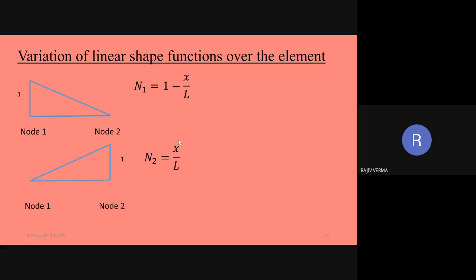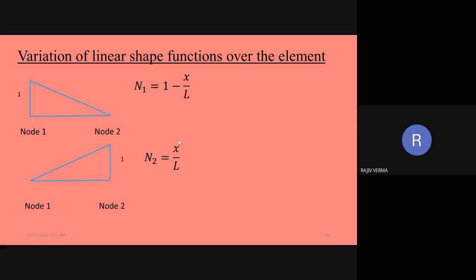Now this particular observation is going to be of immense importance when we derive the shape functions of other complicated elements, such as those used in one dimension.